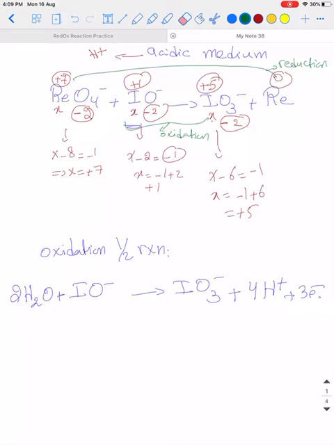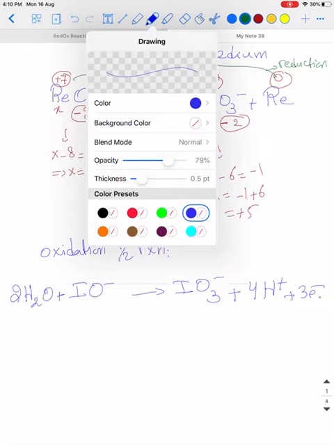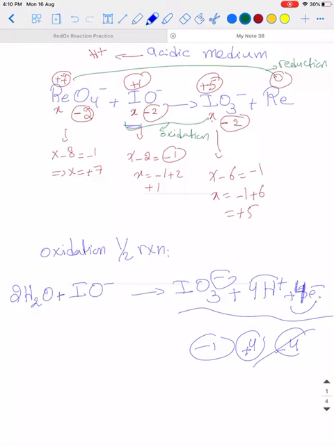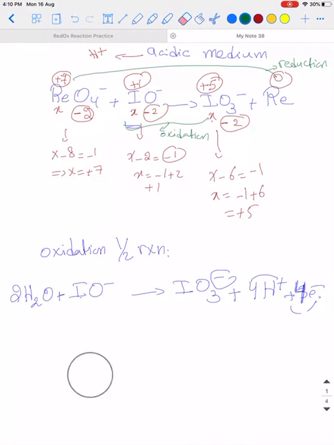Actually, no, we have to add 4 electrons, not 3, because we want -1 on both sides. Look here, this -1, then 4 times plus is +4, then 4 minus, so it will be -1 like on the left side. So this is how we balance this half reaction.